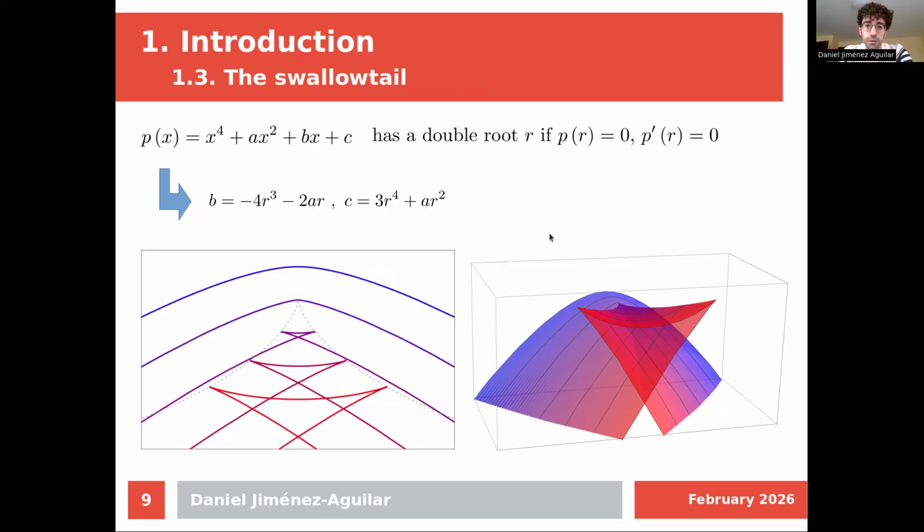And this defines a surface in abc space, which looks like this. And this is simply a boundary between the regions corresponding to polynomials with 0, 2, and 4 roots. And this is the definition of the swallowtail surface. Here on the left, I'm showing some constant a slices of this surface.